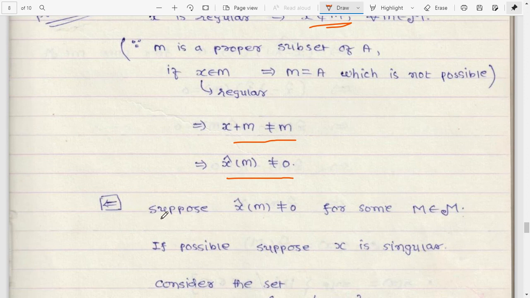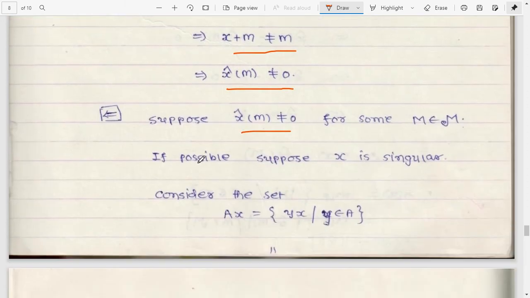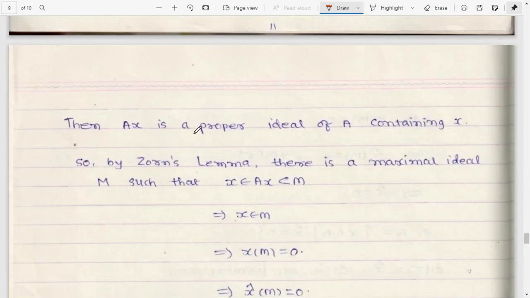Now the converse. Suppose x cap of M is not equal to 0 for every M belongs to script M. If possible, suppose x is singular; we have to prove x is regular. So we suppose, by contradiction, that this is not true. So x is singular. Consider the set Ax equal to yx such that y belongs to A. Then Ax is a proper ideal of A containing x.